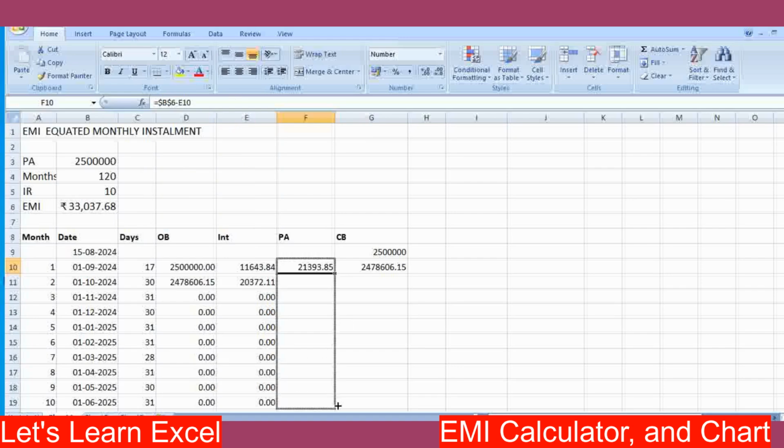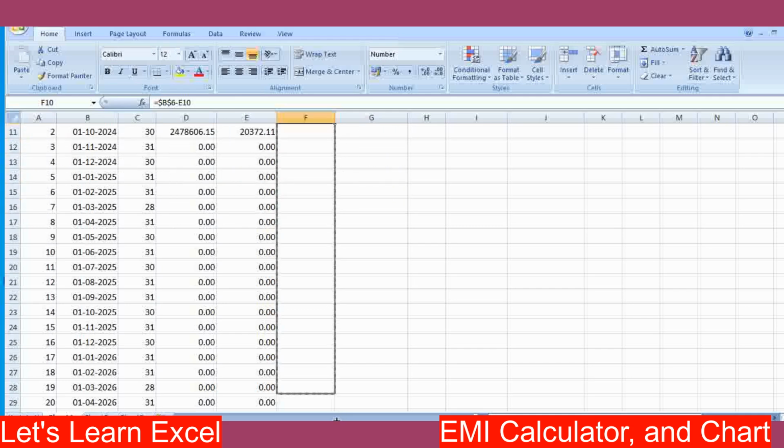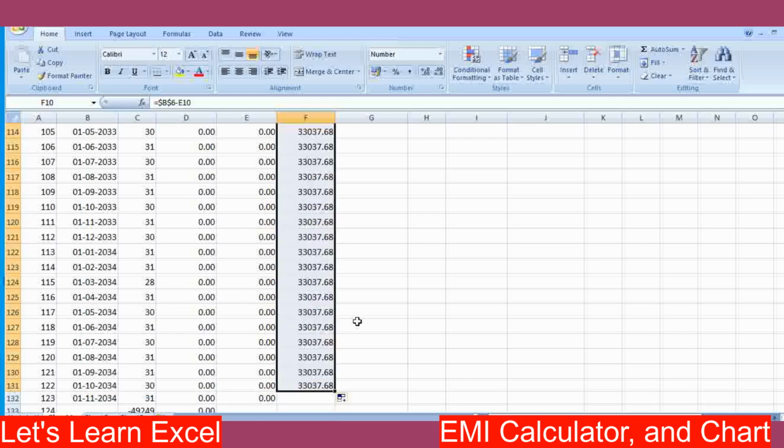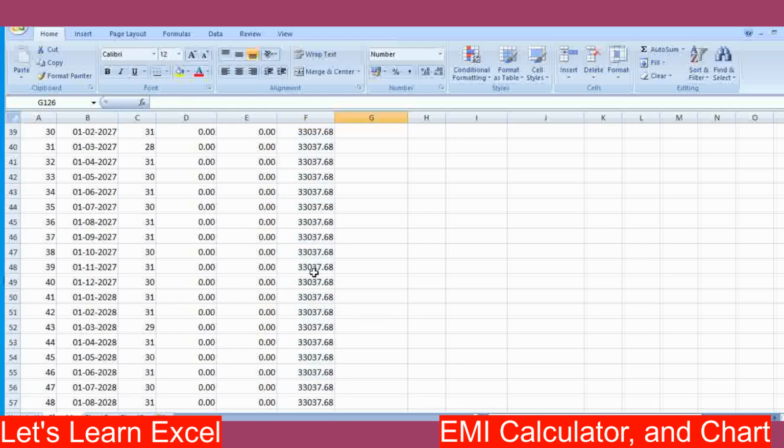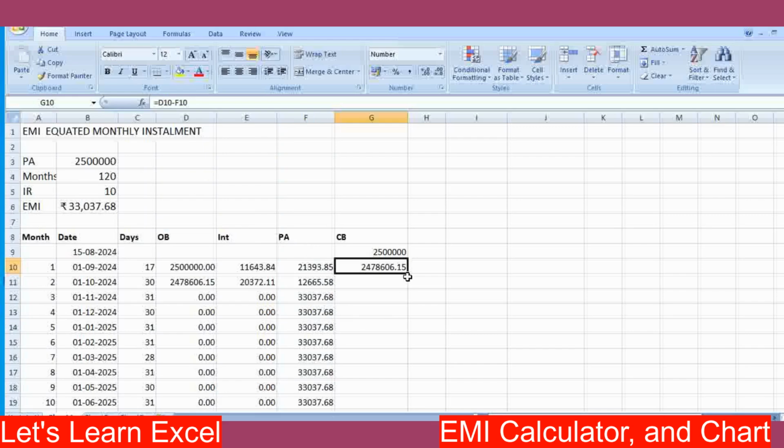Okay. Right, now it will show 0 because all these fields we have not yet copied. Once all the formulas get copied, you will see the exact calculation of how the EMI is calculated every month. Right. So now here again copy this formula.